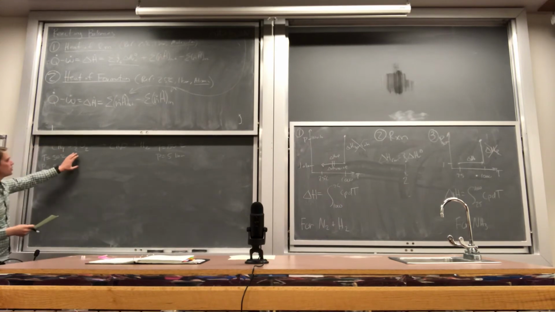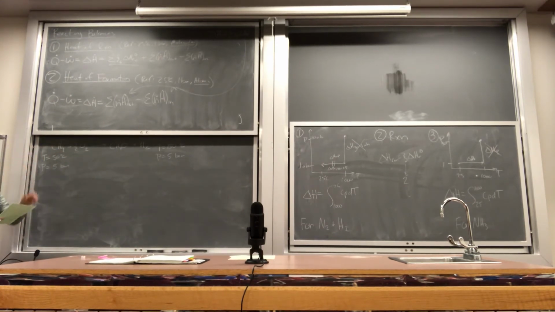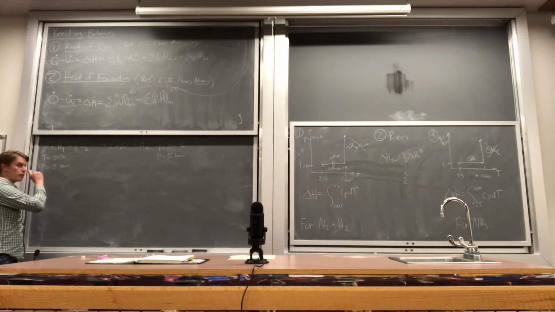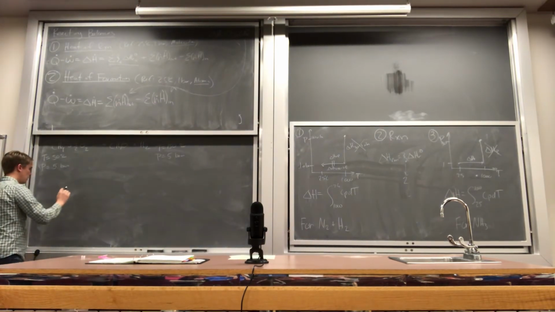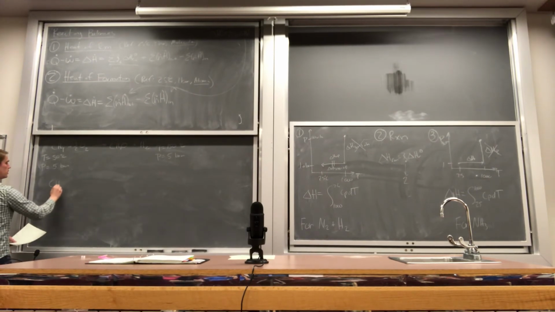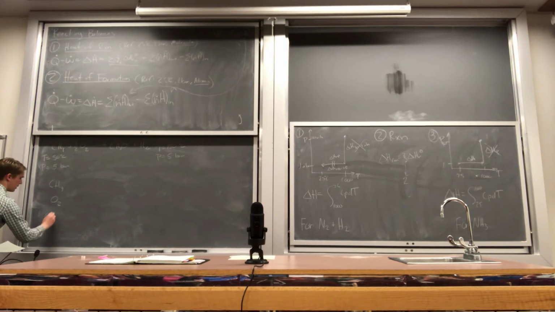Now, in the heat of formation method, which is what we're going to be doing here, the reference state is the atomic species. Our energy balance is given right there. What we do in the heat of formation approach is we'll build a table where we have all of our species, CH4, O2, formaldehyde, and hydrogen gas.